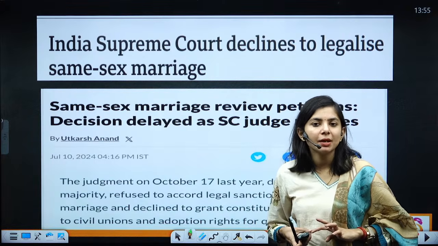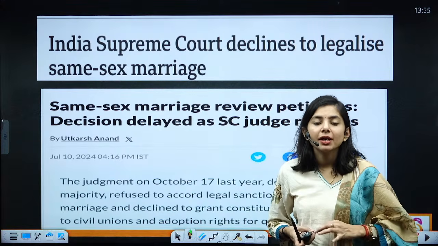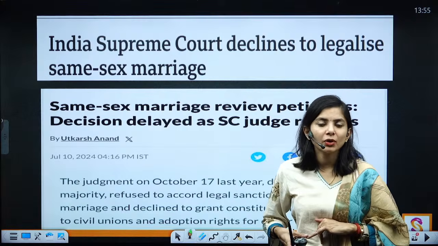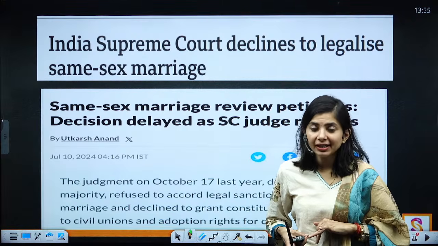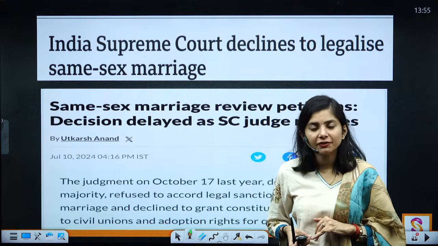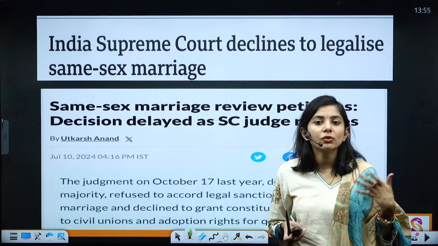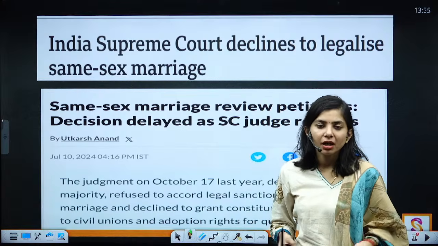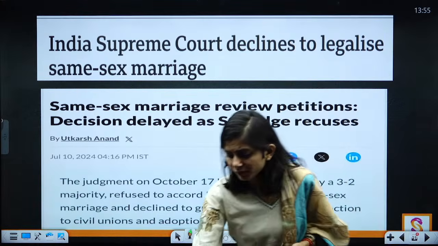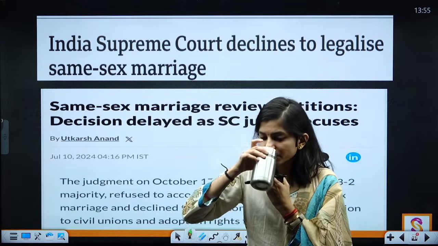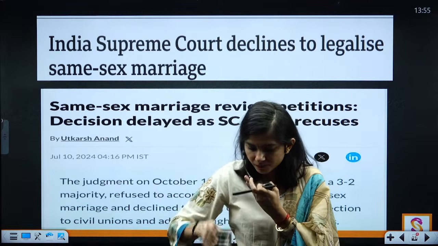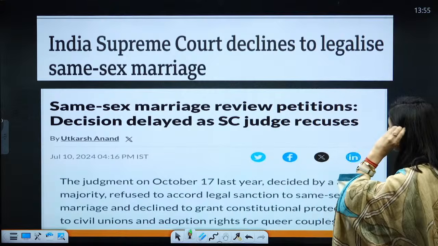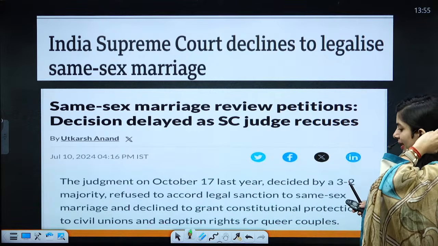But based upon the right to life and the right to equality, the Supreme Court cannot infringe their fundamental right to live a life of their own choice and to have a partner. Therefore, India's Supreme Court declined to legalize same sex marriage.